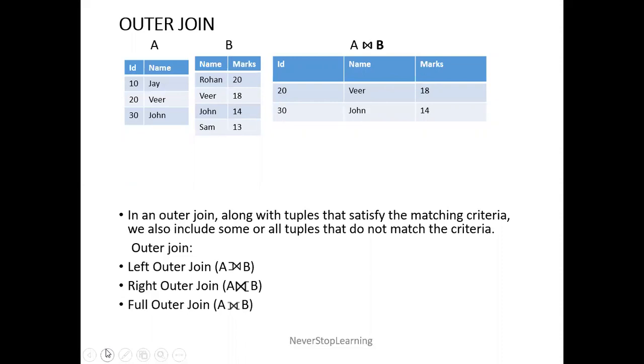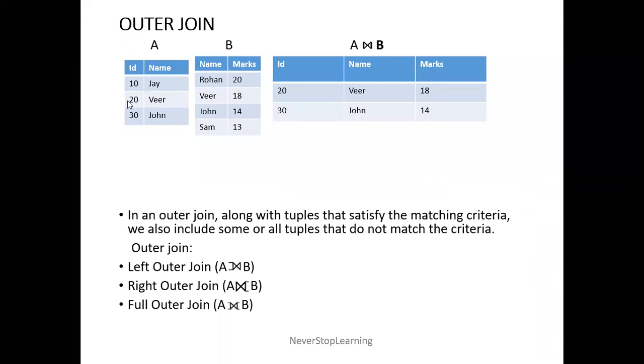A second thing was the problem of data loss. If the tuples are not there in both the tables, then those tuples will be lost, and it is very costly to handle data loss. Here I have two tables, A and B. In table A we have id and name, and in table B we have name and marks.